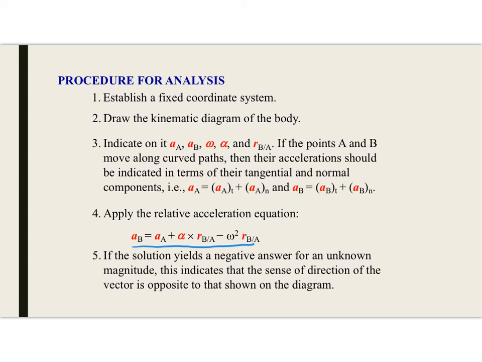If we find that one of our answers is negative, it means that we assumed a particular rotation, but it's in the opposite sense, and that's not a big deal. And we just go through the process of solving the problem.